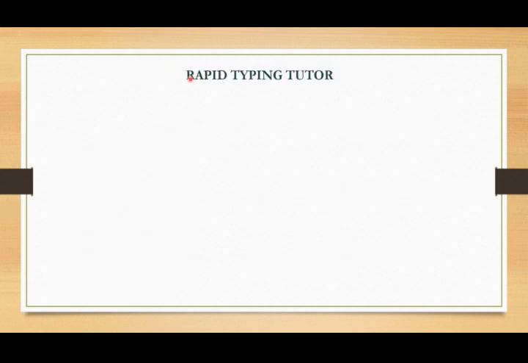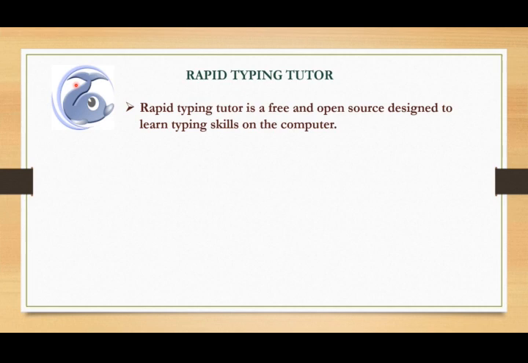So the name of the software is Rapid Typing Tutor. This is the logo of this software. It is free and open source software designed to learn typing skills on the computer. We can easily download the software from the internet.